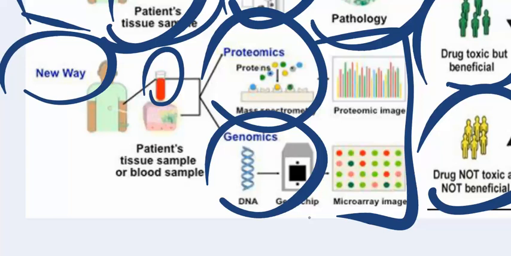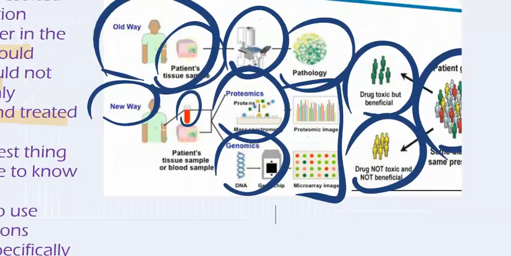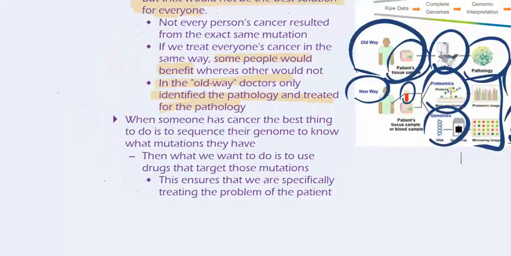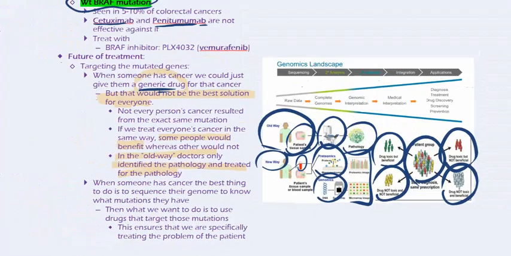So maybe based on the proteins, we have an idea of how much of the enzyme that degrades the drug there is, and how much we should give. Does that make sense? So this is the new way. That's the old way, and that's it for the lecture.